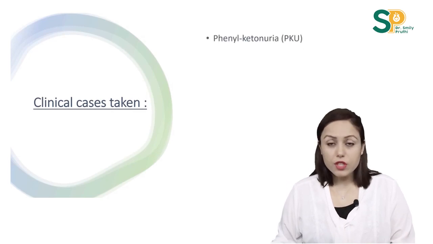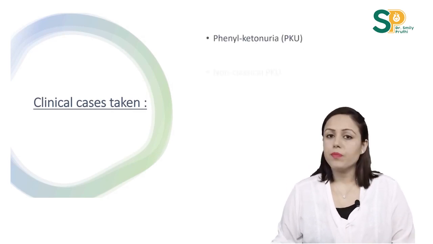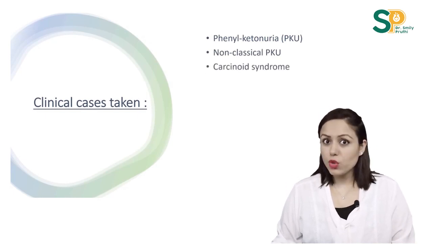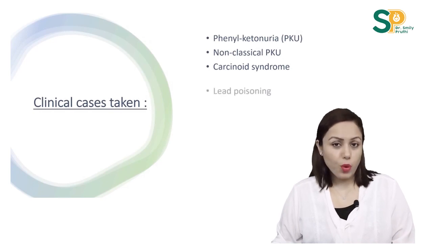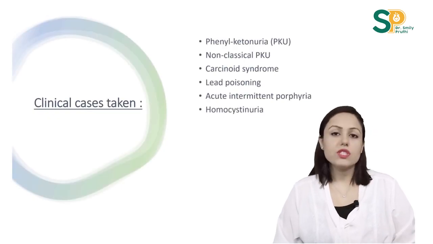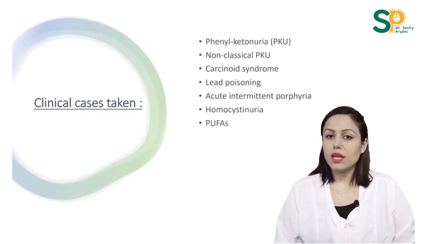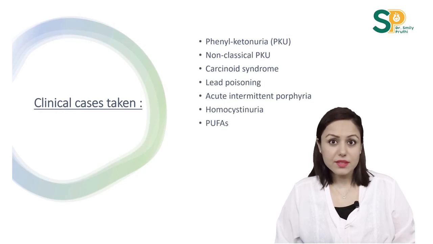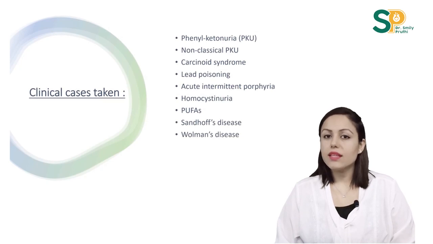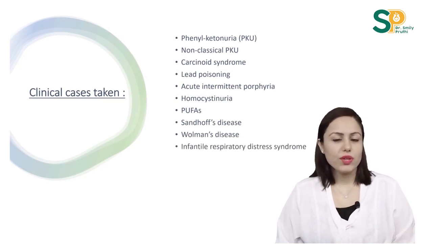I will be taking 10 questions in this video and I will be covering the following clinical cases. First, phenylketonuria, then non-classical phenylketonuria, then carcinoid syndrome, lead poisoning, acute intermittent porphyria, homocystinuria, PUFAs, that is polyunsaturated fatty acids, Sandhoff's disease, Wallmann's disease, and infantile respiratory distress syndrome.